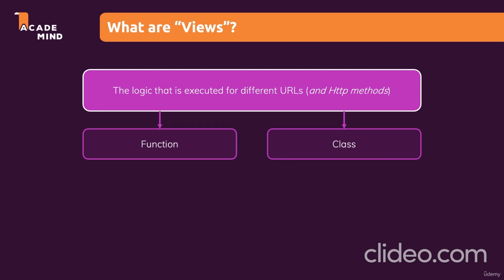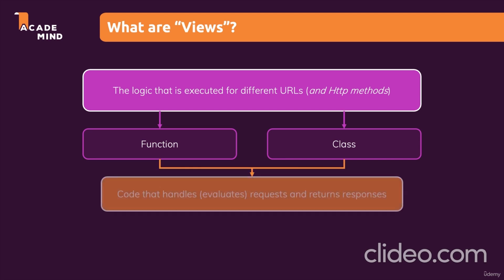But we're going to start with a function, since that's the simplest way of writing logic that should execute when a request reaches a certain URL. And then the code in that view is simply code that handles the incoming request, does something like reach out to a database or whatever, and then returns a fitting response.